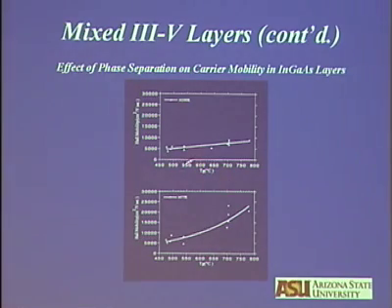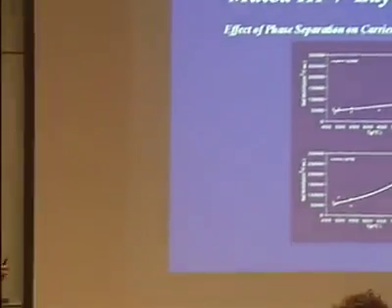We measured the carrier mobility in indium gallium arsenide. How did we do this experiment? We grew indium gallium arsenide of the same composition at different growth temperatures. And if you recall the phase separation concept I introduced, the higher the growth temperature, the smaller the composition difference between the end members.